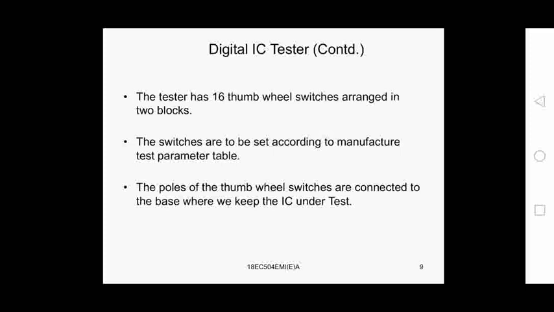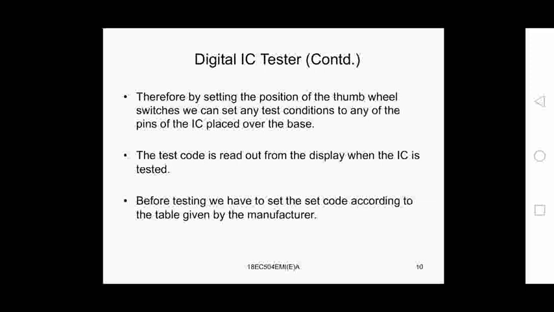The poles of these thumb wheel switches are connected to the base of whatever IC we want to test, that is the device under test. Therefore, by setting the position of the thumb wheel switches, we can set any test condition to any of the pins of the IC placed over the base.